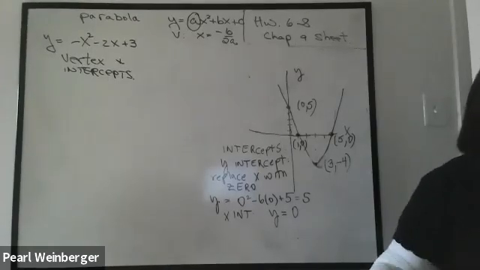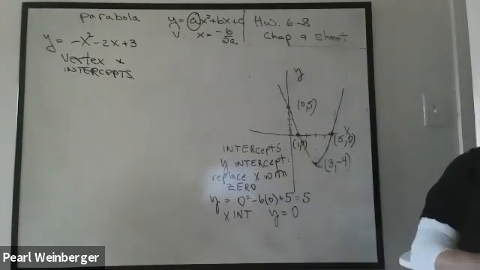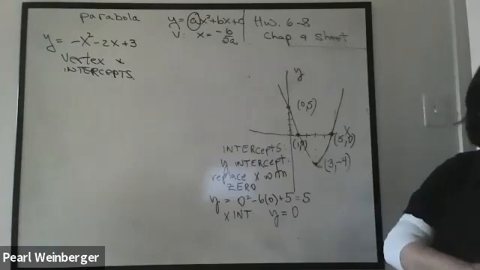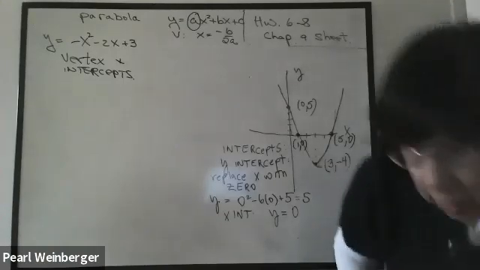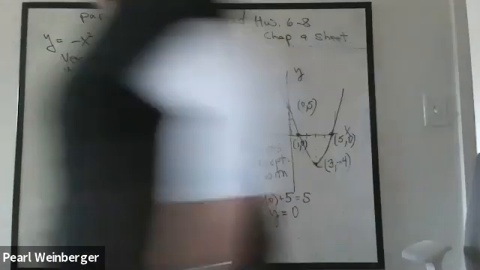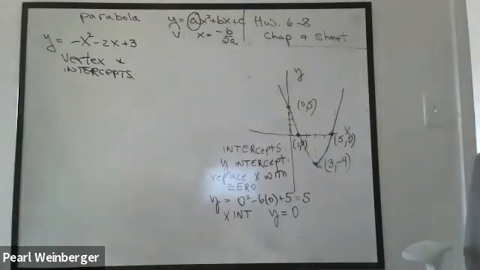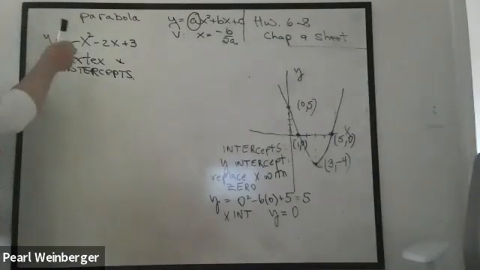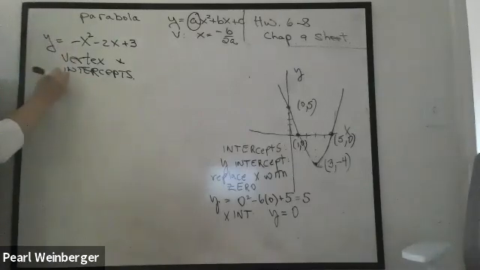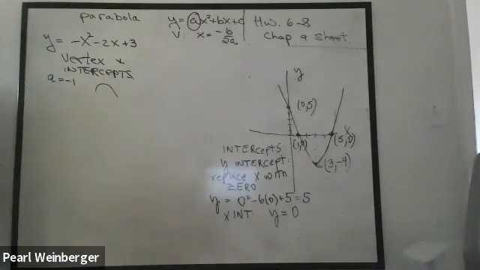Let's see if we can do this example. Okay, first of all, I notice that the A here is -1, which means that this is going to be an opening down parabola.